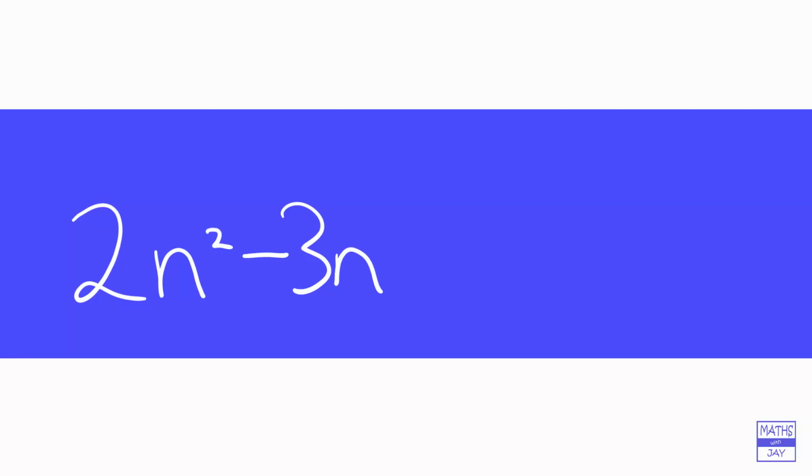Right, here we've got 2n squared minus 3n. So if we look at the numbers 2 and 3, well, they don't have a common factor. But when we look at the n squared and the n, well, those terms do have a common factor because n divides into both of them. So we take the n outside the bracket, and in order to get n squared, we need to multiply n by n.